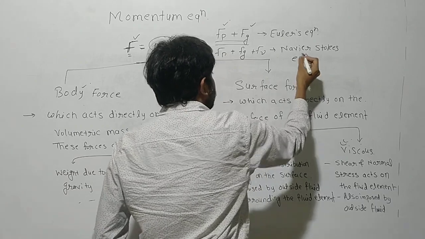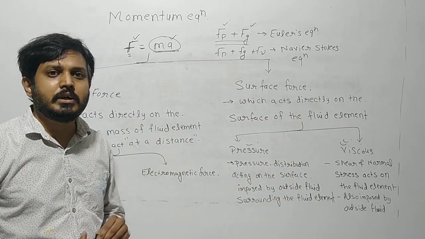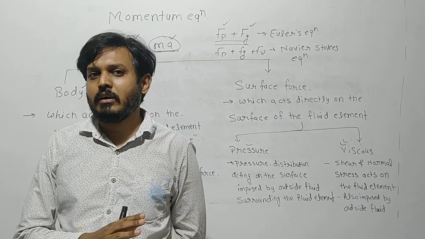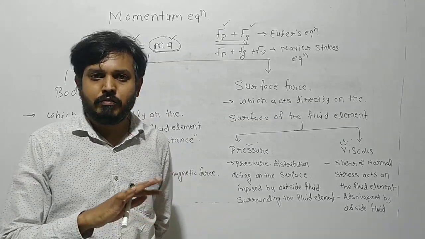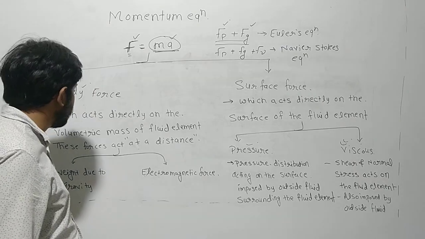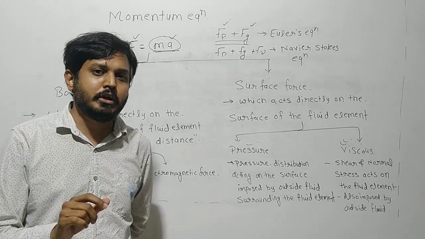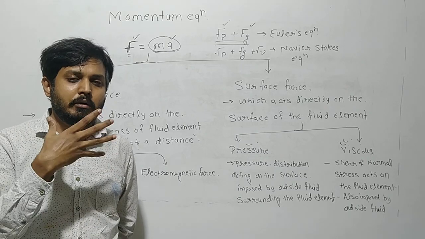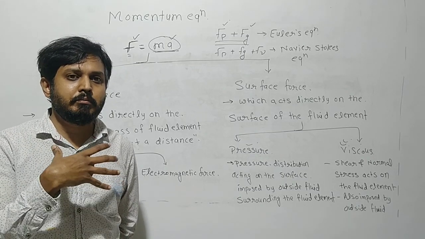First we recall some concepts of fluid mechanics. There are mainly two types of forces in fluid mechanics: body force and surface force. What is body force? It acts directly on the volumetric mass of the fluid element, on the complete body or complete volume.